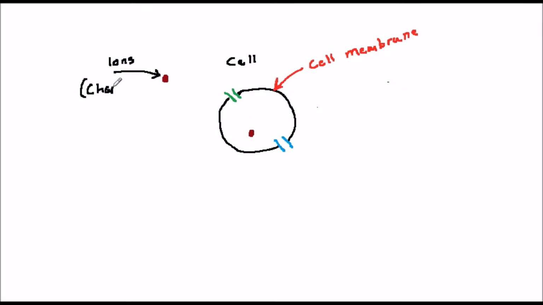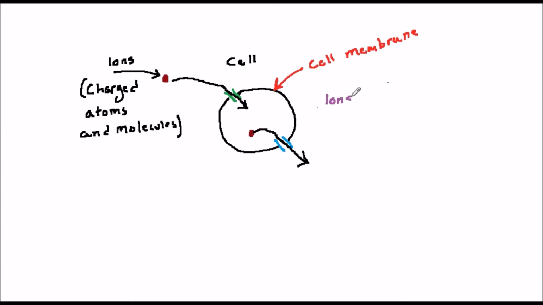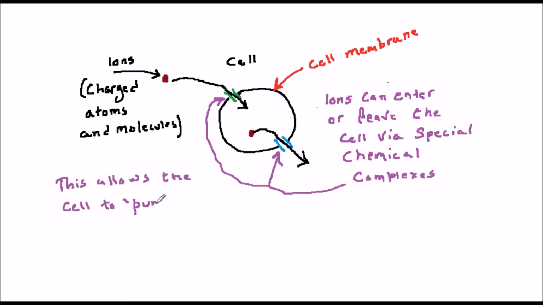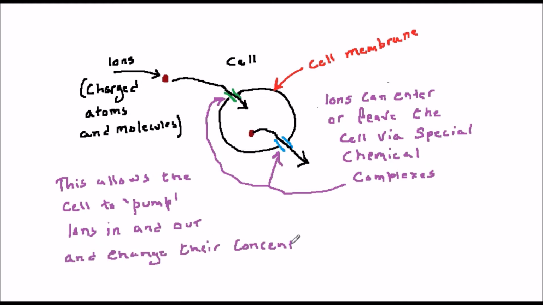The fluid within and surrounding cells has many dissolved substances within it, and these include ions, that is, charged atoms or molecules. The cell has chemical complexes embedded within its membrane which allows these ions to be transported from the outside to the inside of the cell or vice versa.